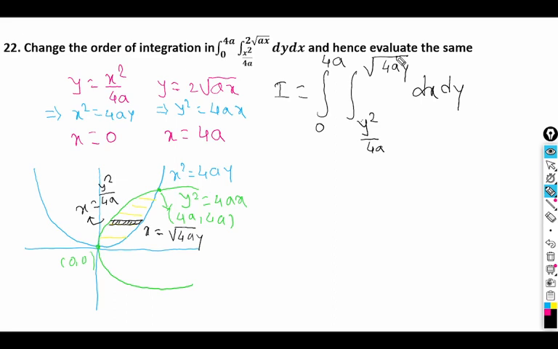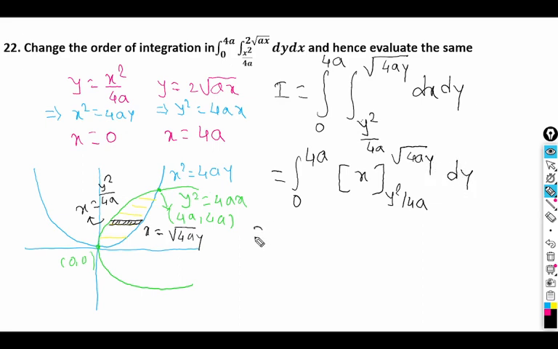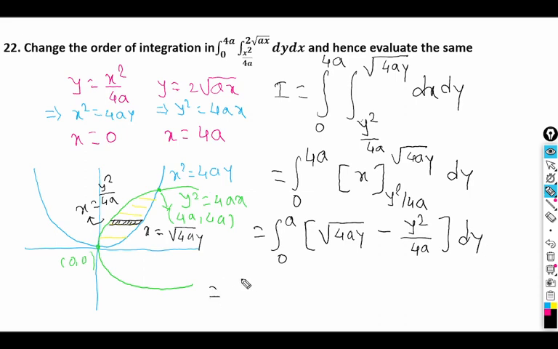Now the integral is very simple. The outer limits 0 to 4a as it is. Integral of dx is x, limits y square upon 4a to root 4ay. So put upper and lower limits, 0 to 4a as it is, integral of root 4ay minus y square upon 4a dy. The next step, the integration, is really simple.